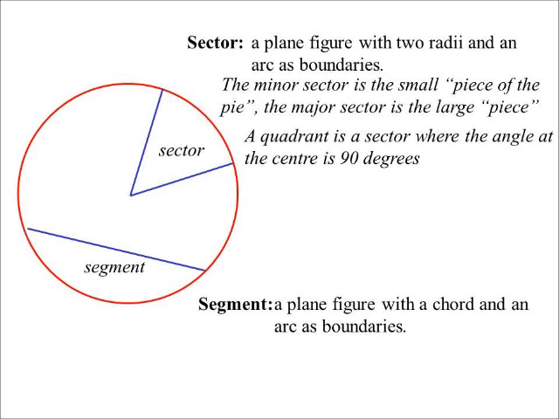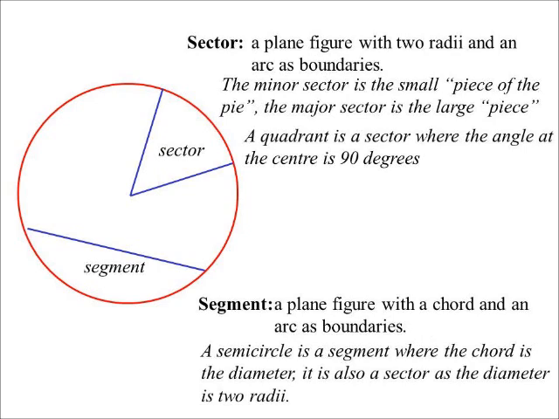Once again, you can have a minor segment and a major segment. A semicircle then is also a segment because its chord is the diameter. It's also a sector if you think about it, because it also has 2 radii as a boundary as well. So a semicircle is all sorts of different things we could think of it as.